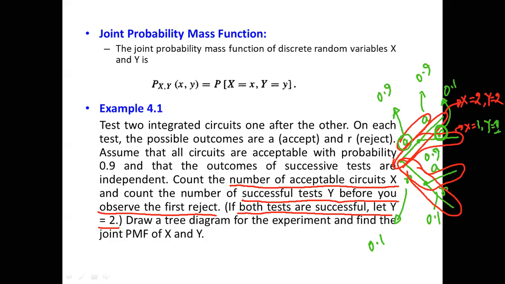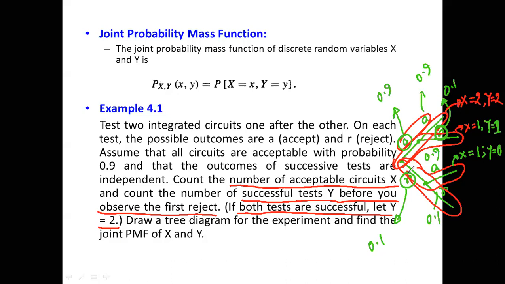Okay. Now what about this third branch? Sir, X equals 1, Y equals 0. Very good. Why? Because the first time it is getting a reject, so before the reject there is no acceptance. That's why Y equals 0.